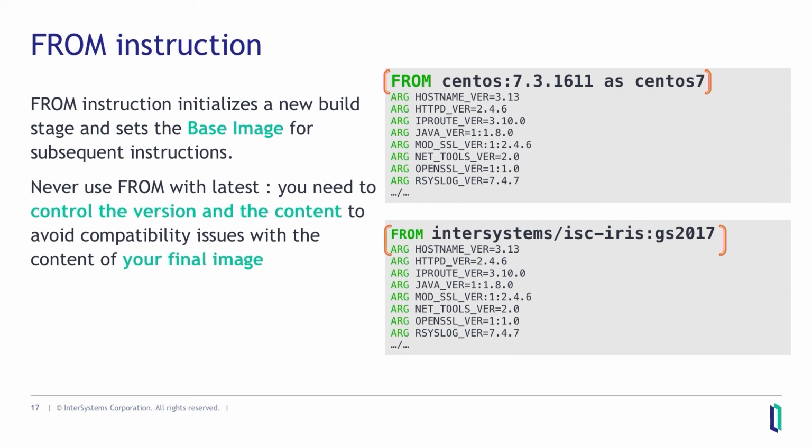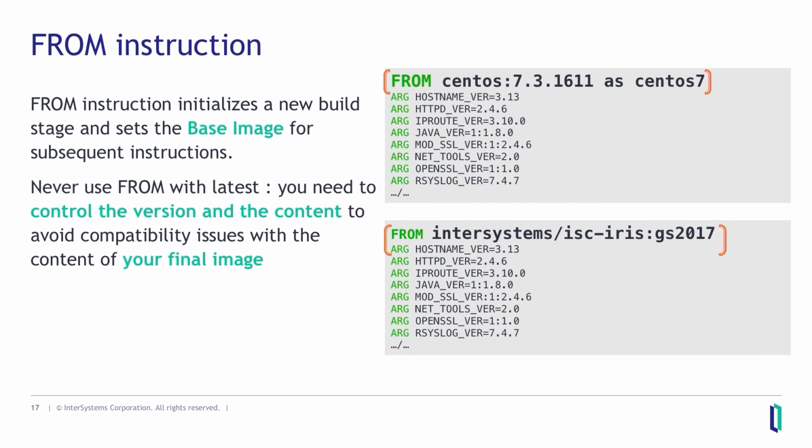Another thing you have to think about is that the FROM clause contains two parameters. The name, which can be downloaded, pulled from a Docker store. And the second parameter is the label, which is a tag name. And the tag name is really important because it tells you which version you are coming from. If you don't provide the tag name, you will by default get the latest.